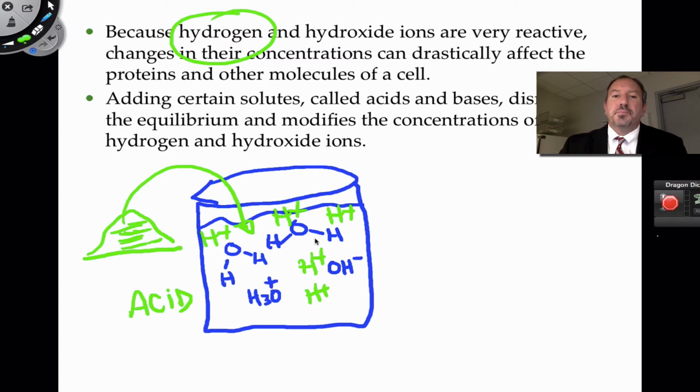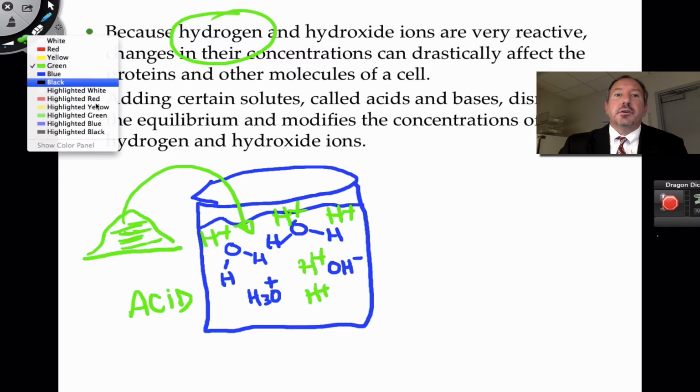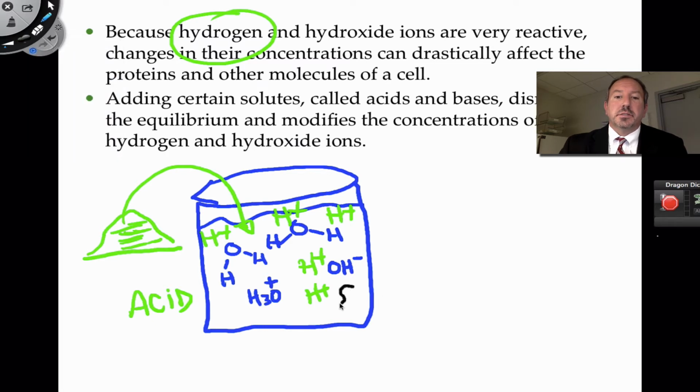My point being, if there's a lot of acid in the solution, this will affect other organic molecules. For example, say this is a protein. You might ask, what does that have to do with proteins? Well, the shape of a protein is very critical to its functionality.